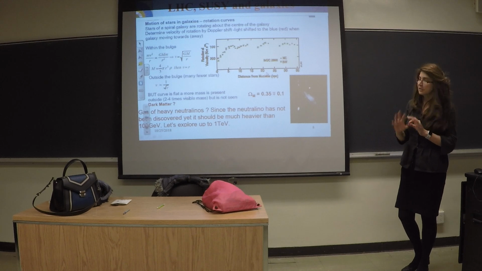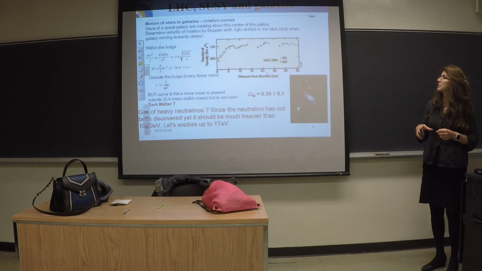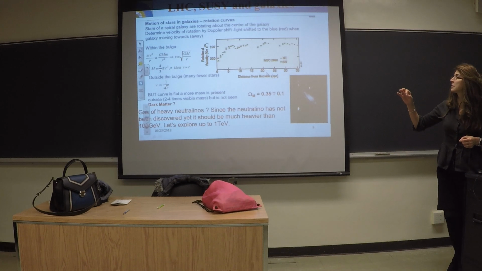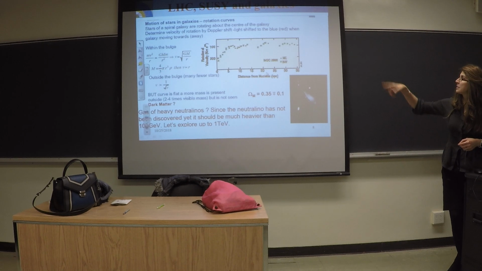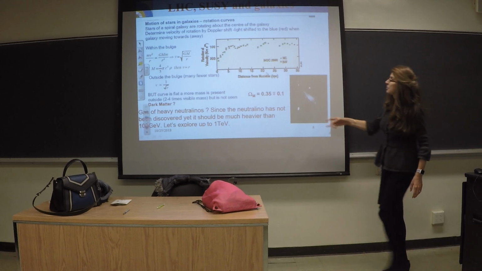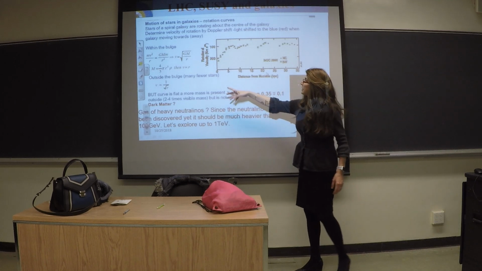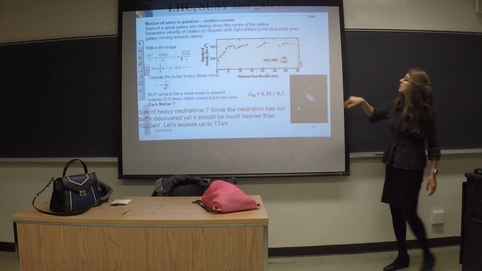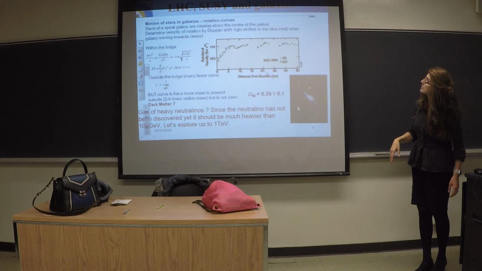There's a certain density of these galaxies, and you calculate the velocity and you see that the velocity is going linearly, like it should be. But once the density of the stars is smaller, then you expect it to go like 1 over square root of r, but it doesn't.